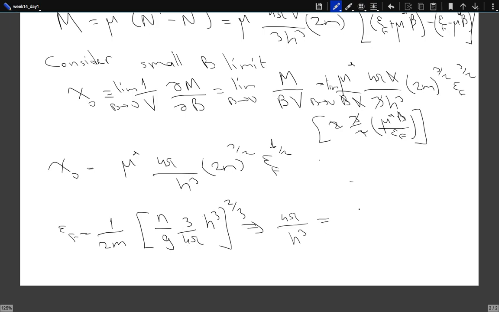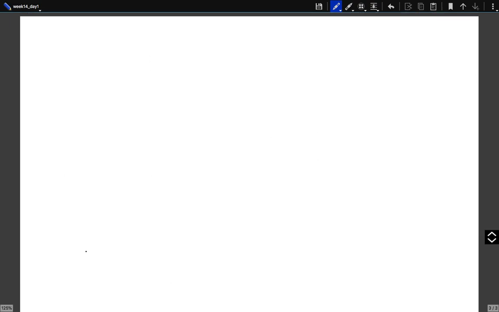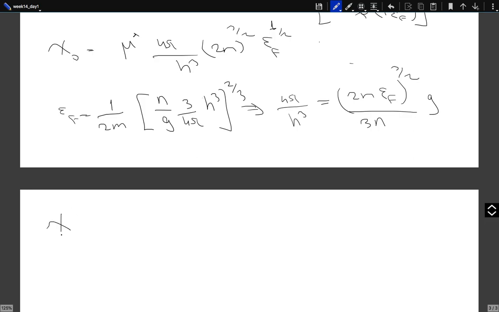This is equal to 2m epsilon Fermi to the power 3 halves divided by 3 n g. This is the Fermi energy of the system in the absence of the magnetic field. So the zero field, zero temperature magnetic susceptibility is mu star times 2m epsilon Fermi to the power 3 halves divided by 3 n g, times epsilon Fermi to the power 1 half.